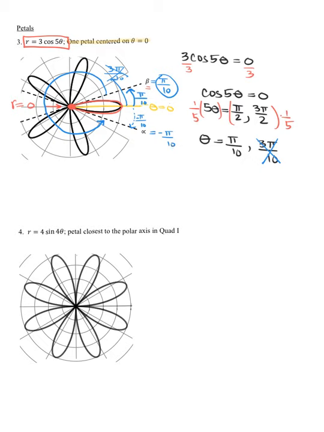So what if I go between negative pi over 10 and pi over 10? That will give me the petal that I'm looking for. So pi over 10 is my ending, and negative pi over 10 is my beginning. And so my domain restriction would be negative pi over 10 to pi over 10.